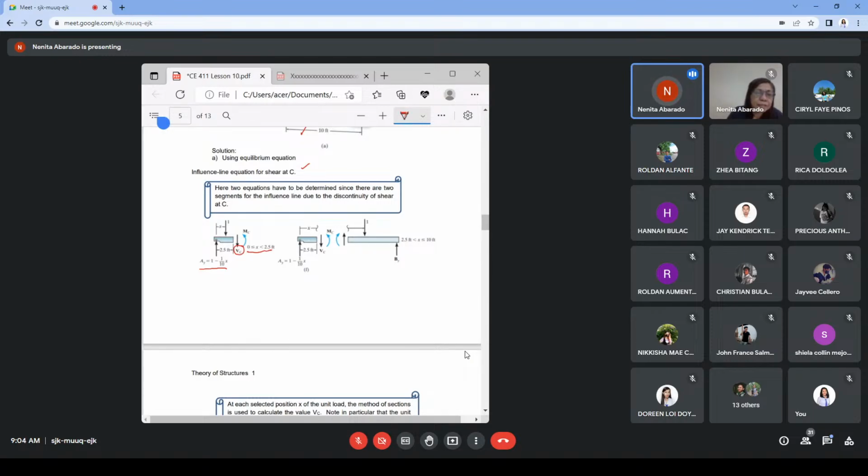Shear at C, makukuha natin sa equation by summation of forces vertical, di ba? Okay, because here is a vertical force. So, let's say this is upward. So, we have AY minus 1 minus V sub C is equal to 0. Nakuha nyo? Nakasabot mo, class?